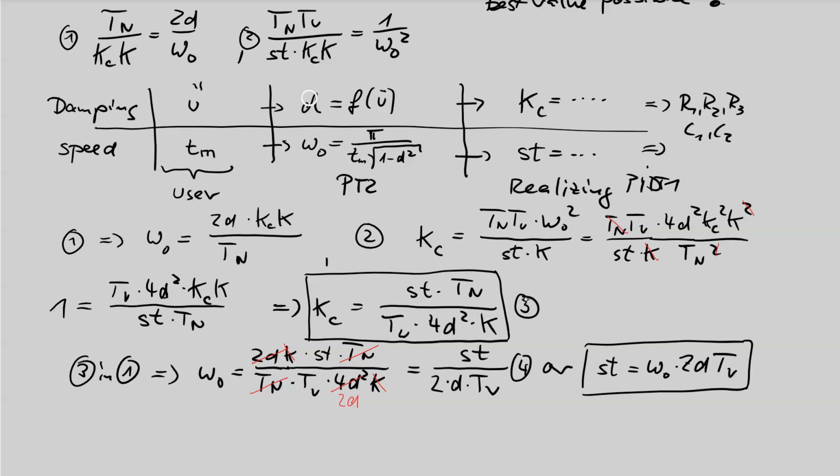So with given damping and speed value with this equation, you can calculate the parameter value of the PIDT1, set these parameters in your digital software, or calculate the resistances and capacitance, and then the controller is designed.